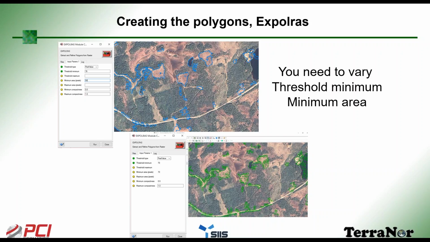Maximum area we didn't care about. So we tried this, and you see at the bottom, the green one. We tried some others. And what you do in this step is try different values for different settings to be sure that you're getting the right type of polygons you need.